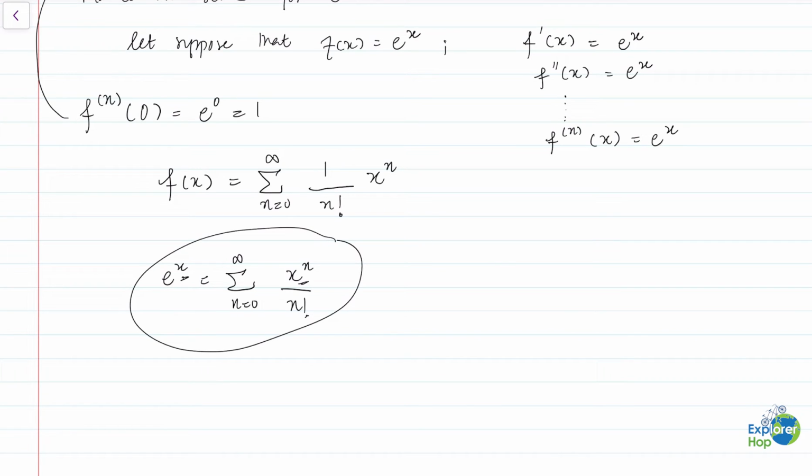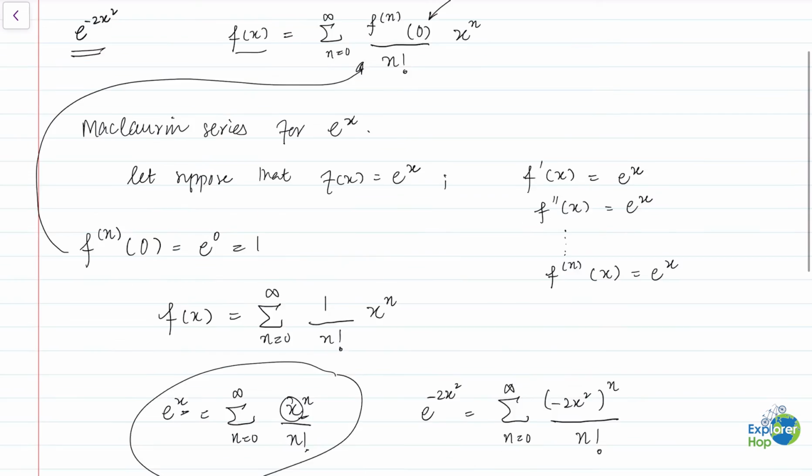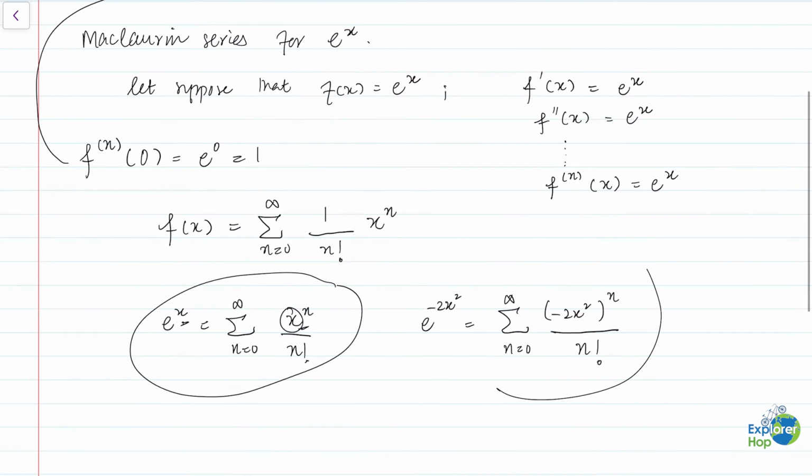Then e to the power minus 2x squared equals the summation n equals 0 to infinity, and here instead of x we will be writing minus 2x squared, to the power of n, over n factorial. And this now is the Maclaurin series for e to the power minus 2x squared.